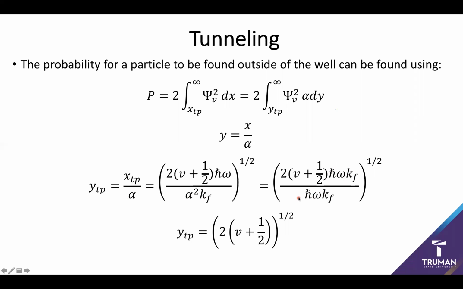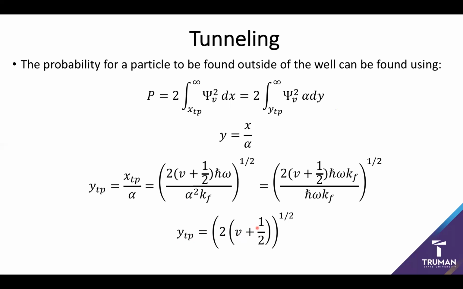So our Planck's constants cancel out, our omegas cancel out, and our kf's cancel out. So when we do this, all we're going to be left with is our classical turning point in terms of y is going to be the square root of twice our vibrational constant plus 1/2.